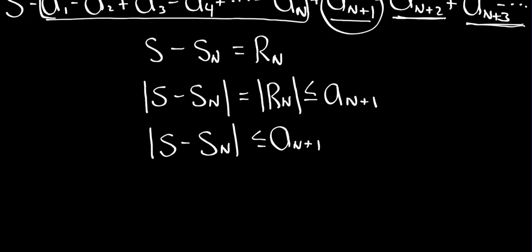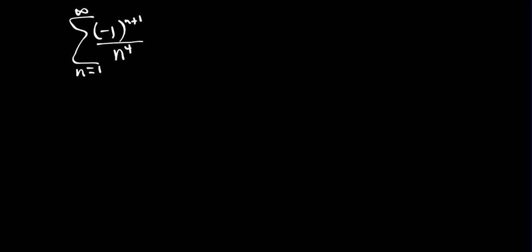So let me show you an example. Suppose we have this alternating series and we want to approximate the true sum so that the difference between the actual sum and our partial sum is less than or equal to, let's say, 0.001. So we're looking for the error term that will be less than or equal to 0.001.